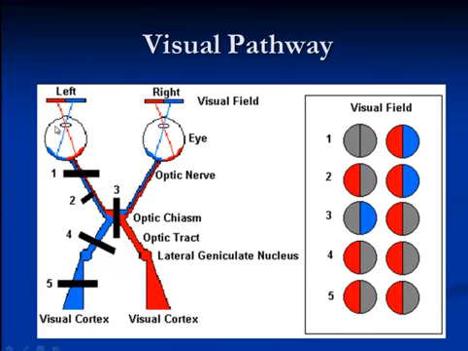We talk about fields. All the stuff over here is being processed by the left side, and all the stuff on the left is being processed by the right. Okay? We get a contralateral from the part nearest the nose, and an ipsilateral, staying on the same side, from the part nearest the temple.